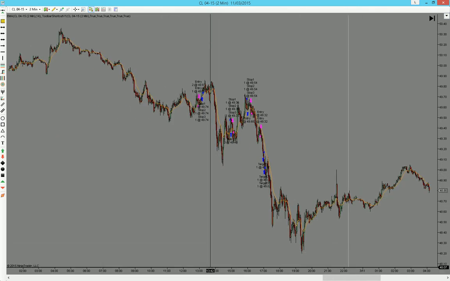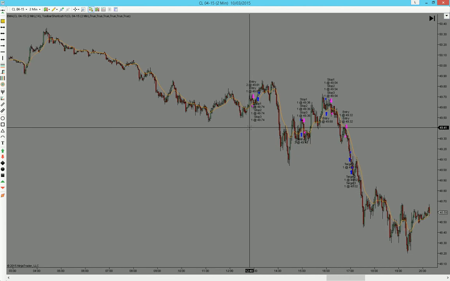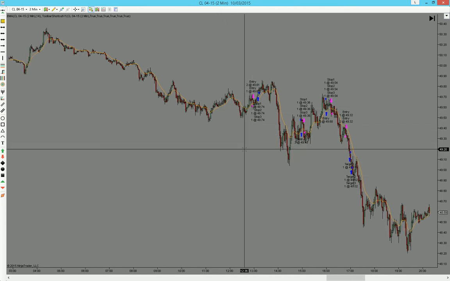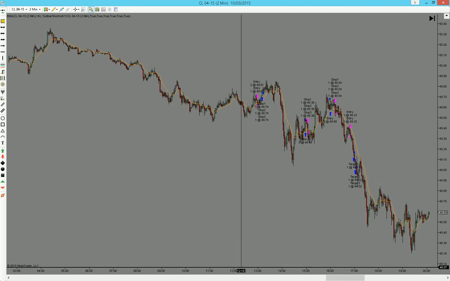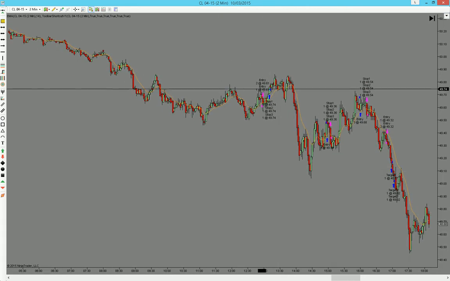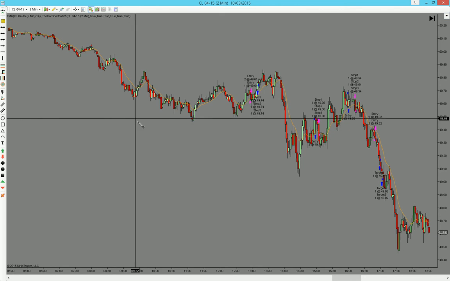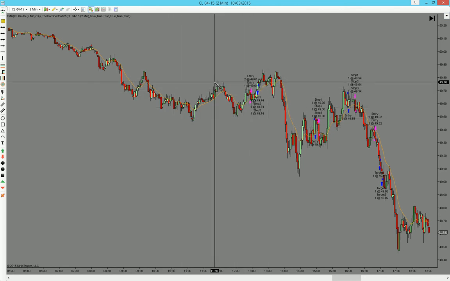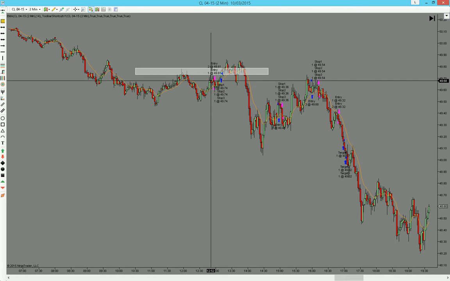On Tuesday, we took a total of 4 trades, 3 losers and 1 winner. At the open of the trading room, we could see that we were trading at resistance.